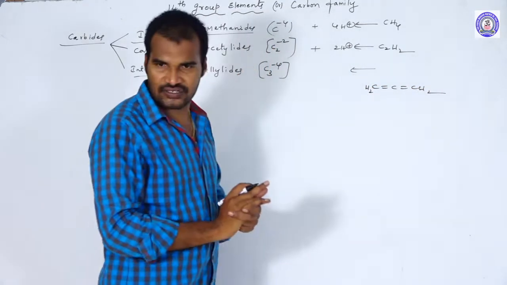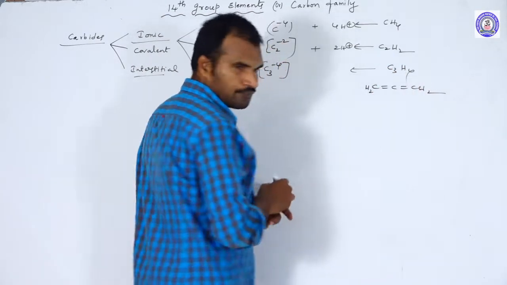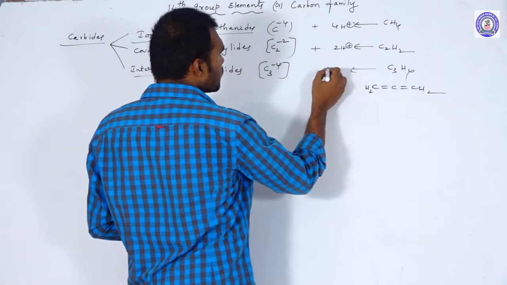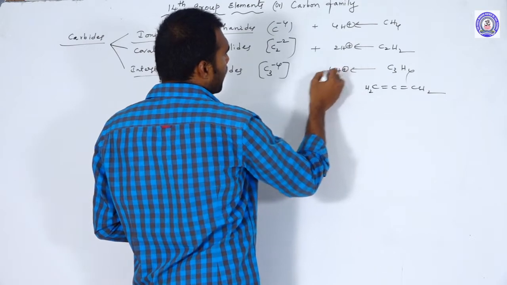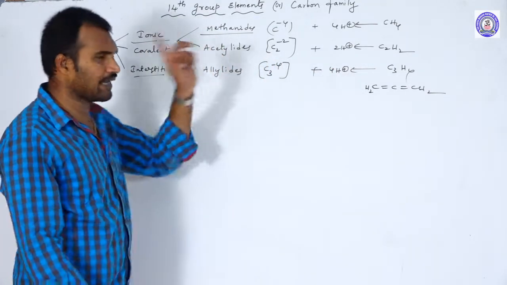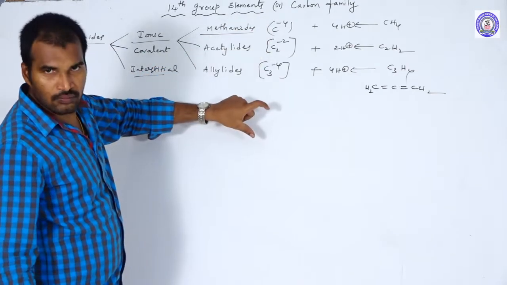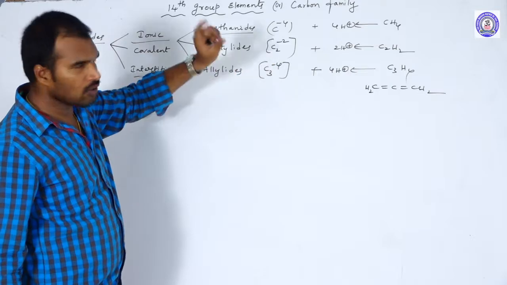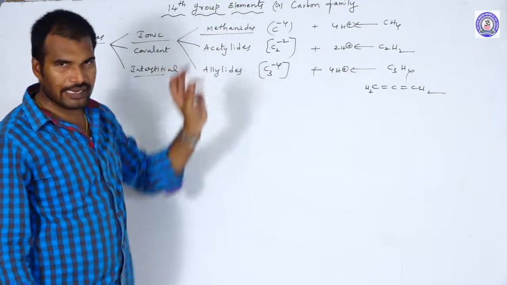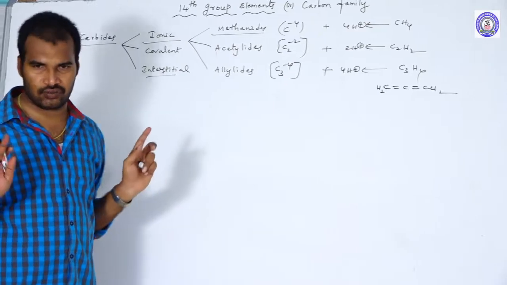The molecular formula is C3H4, and if you remove the 4 hydrogens, what remains is C3 minus 4. That is why we call them allylides. So the compounds formed by C minus 4, C2 minus 2, and C3 minus 4 are called methanides, acetylides and allylides respectively.